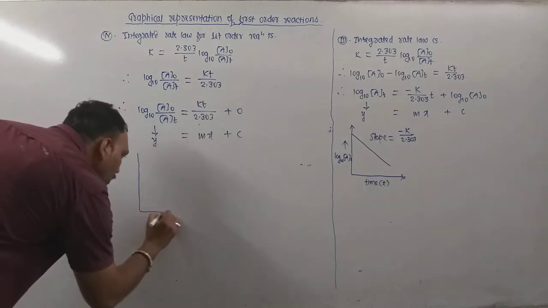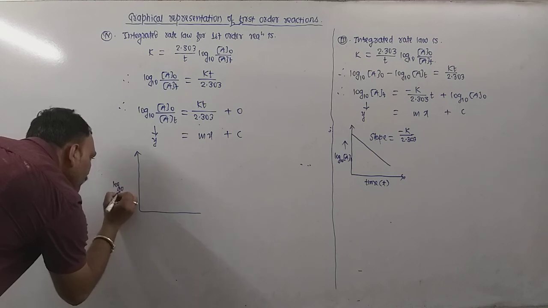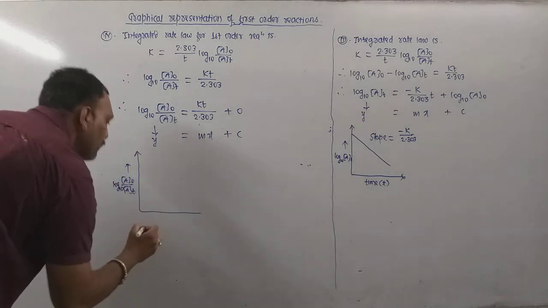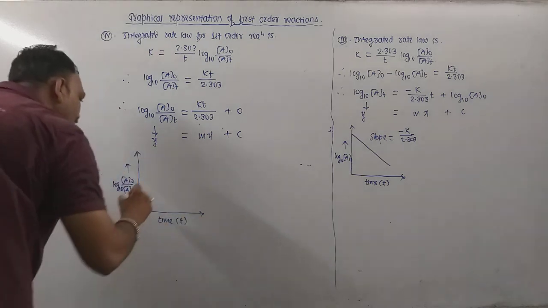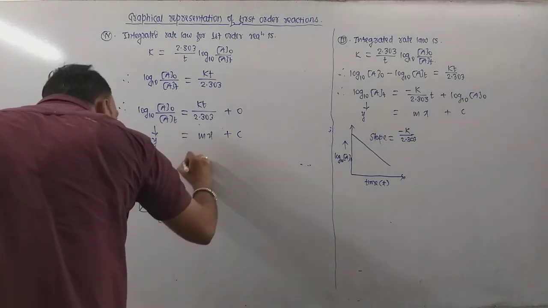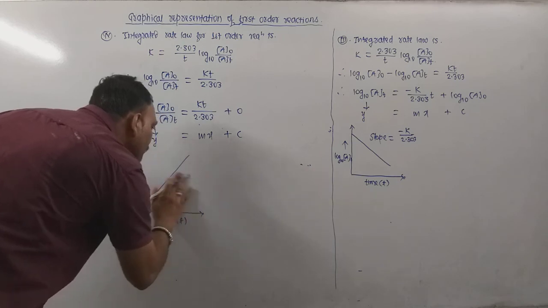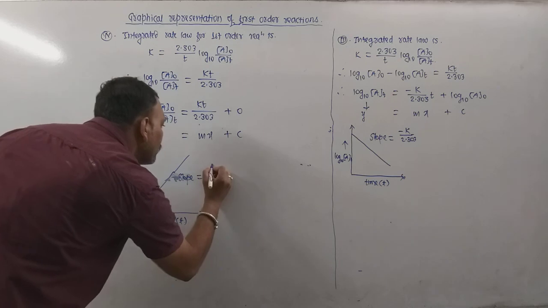Now consider the plot: log base 10 concentration of A naught upon concentration of A at t versus time t gives a straight line passing through origin like this, and this line has the slope of k upon 2.303.